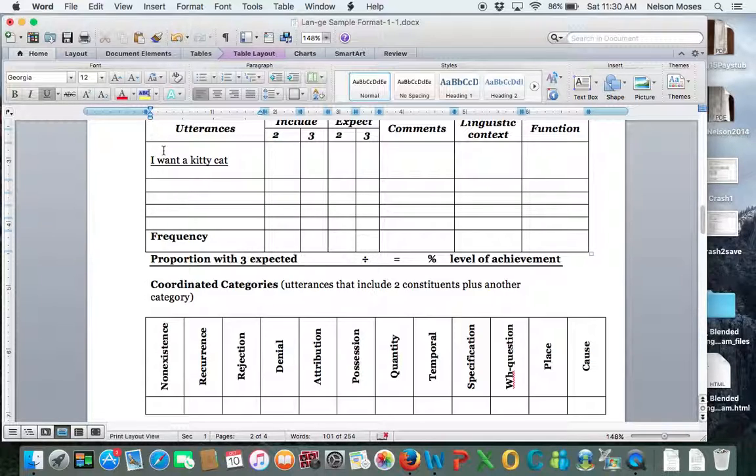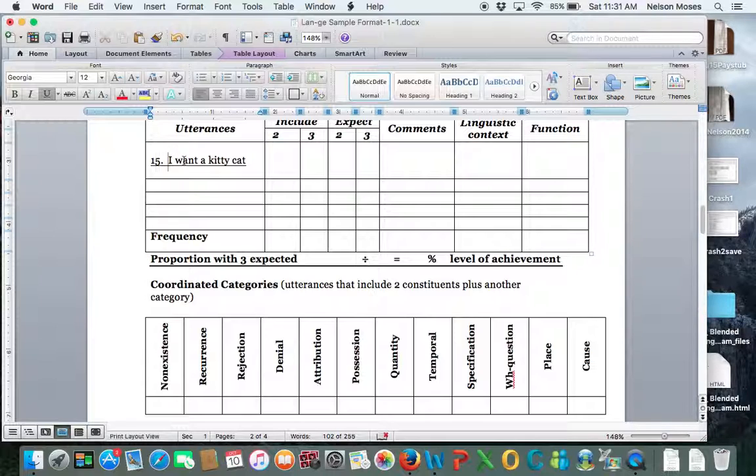So let's take a look at the sentence, I want a kitty cat. Say that was utterance number 15. We will put the number in, always the number from the transcription sheet, and you write the whole utterance there.